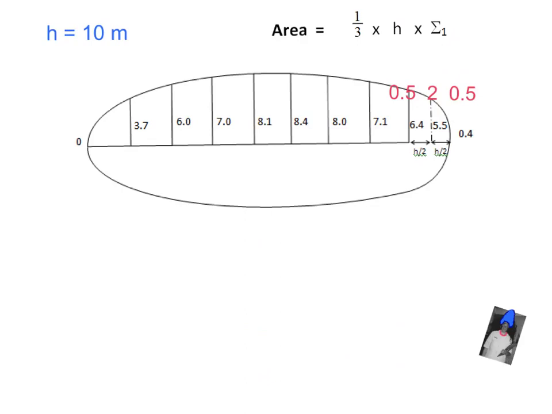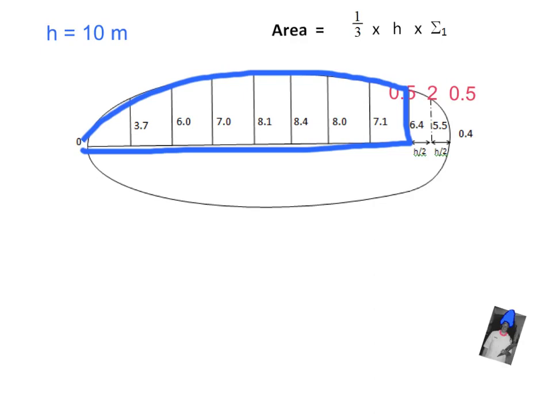So if we look at the rest of the waterplane area, it has 1, 2, 3, 4, 5, 6, 7, 8, 9 semi-ordinates. Again, that means we can use the first rule, and its multipliers will follow the pattern 1, 4, 2, 4, 2, 4, 2, 4, 1.